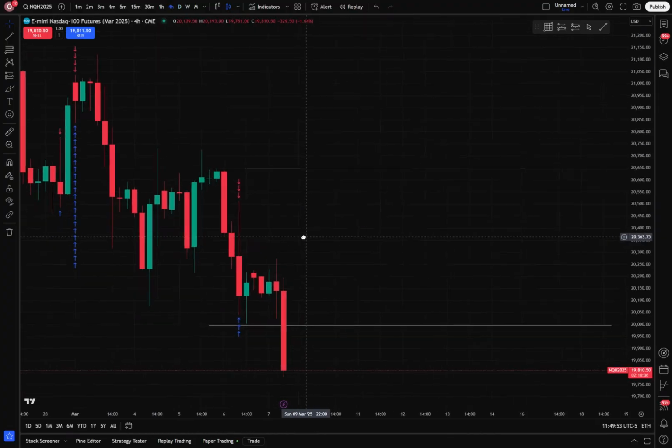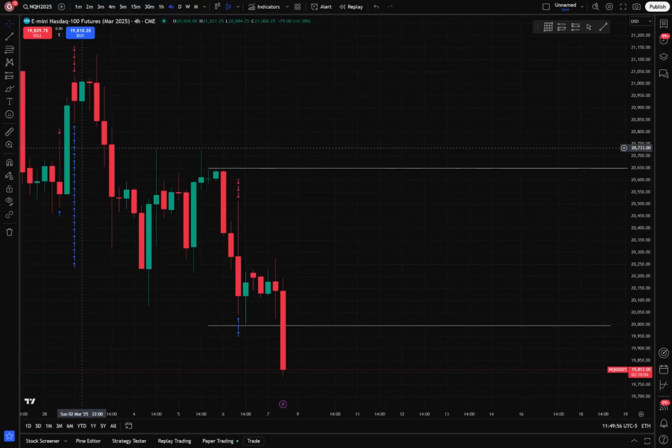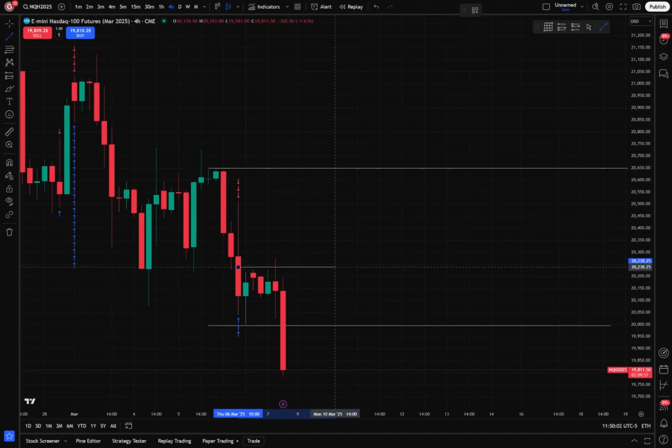When I come to the 4 hour, what I notice is that coming through the day, it looked like price took out this clean high right here, right?